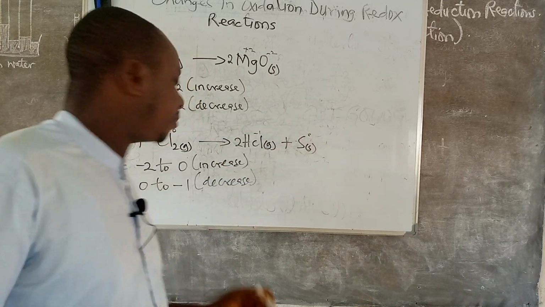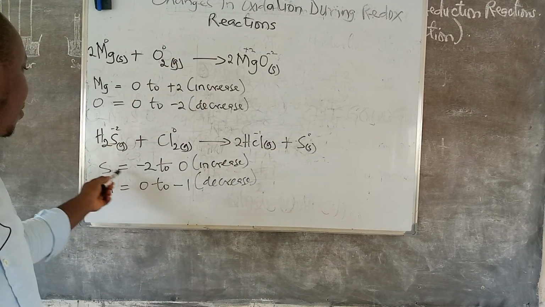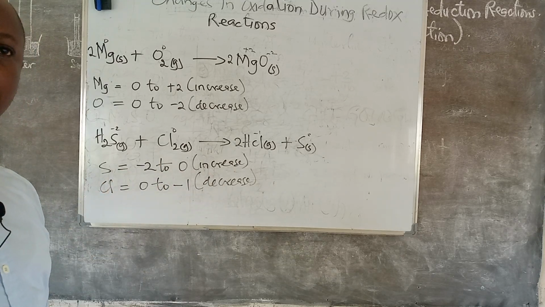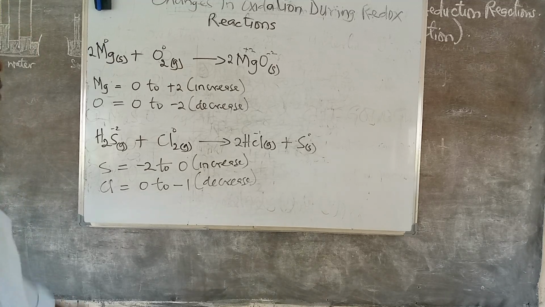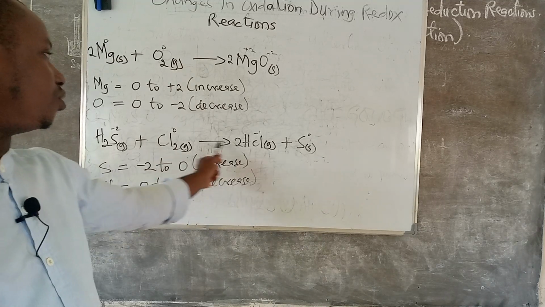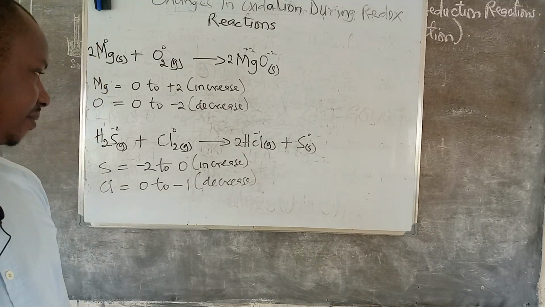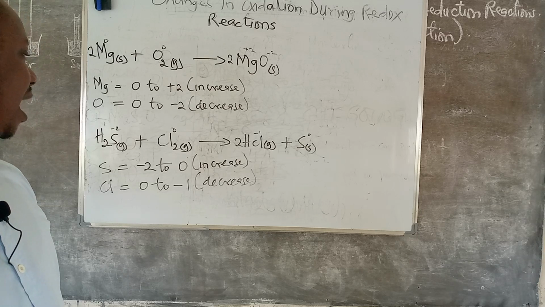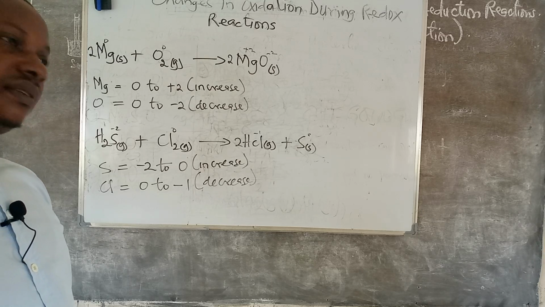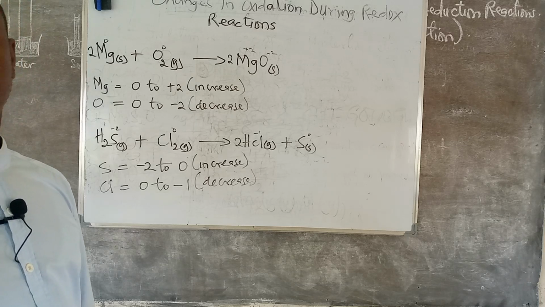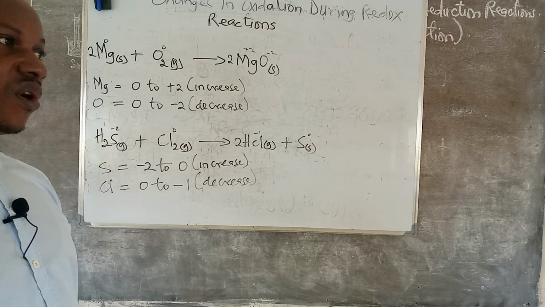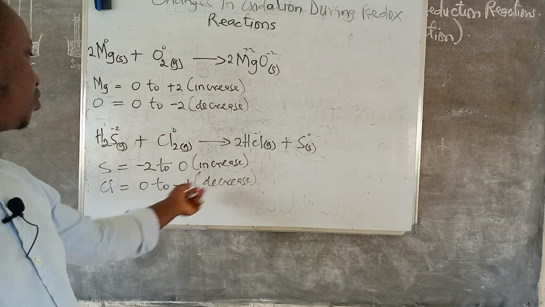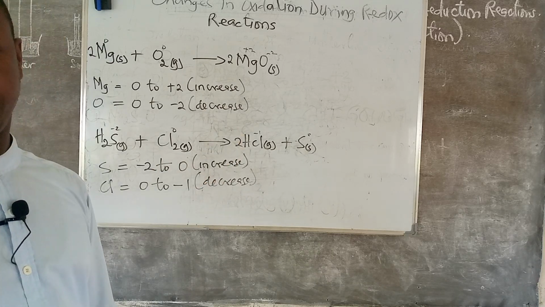So the oxidation number of sulfur has changed from minus 2 to 0, which is an increase, while chlorine has changed from 0 to minus 1, which is a decrease. That is to say that sulfide ion is oxidized to sulfur atom, while chlorine has been reduced to chloride ion.